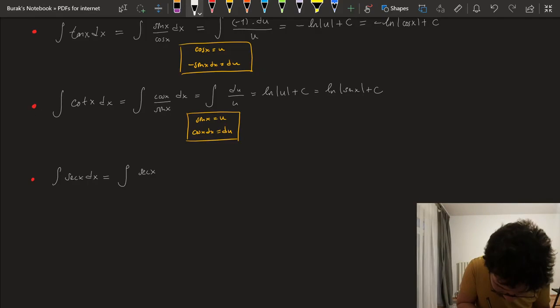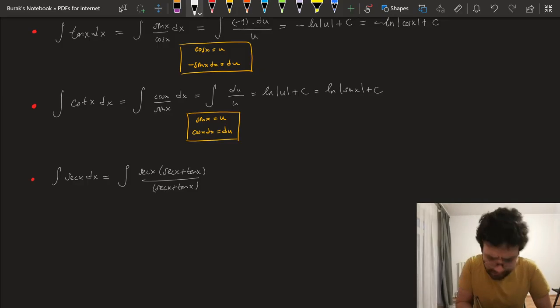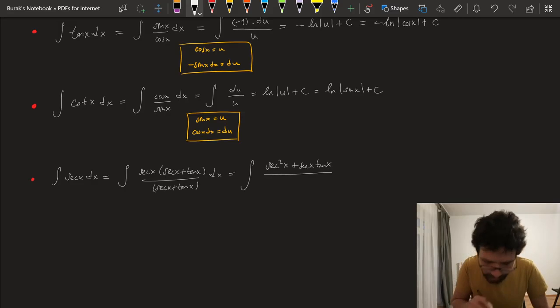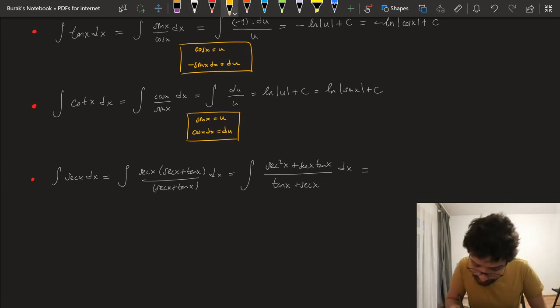So what I'm going to do is divide and multiply by the same expression, which is going to be secant of x plus tangent of x. So why am I doing this? Now, if you do that, at the numerator you get secant squared plus secant tangent, and at the bottom you get tangent x plus secant x. At this point, you can do the following substitution.